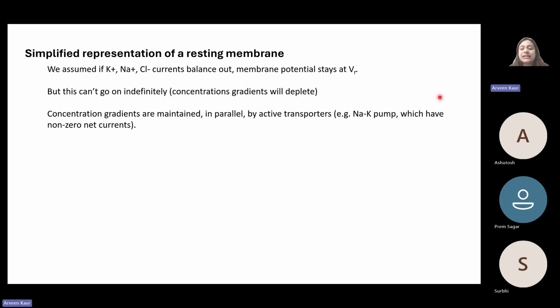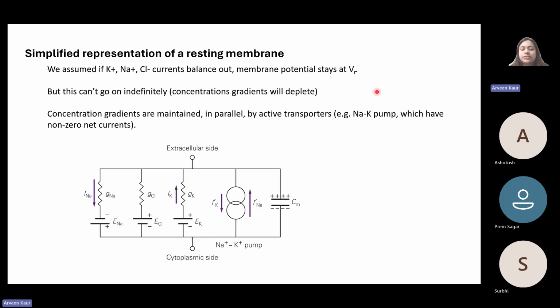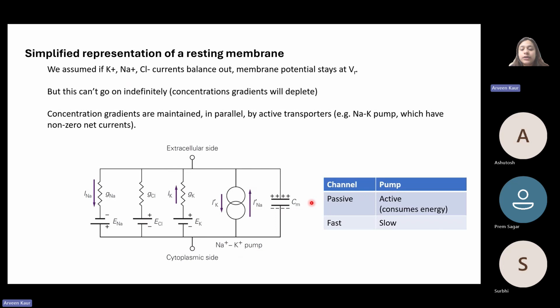So this is an active transport mechanism of maintaining these concentration gradients, which we have seen multiple times. This is the symbol for this NaK pump, so you can add this to the circuit as well to make it more complete.